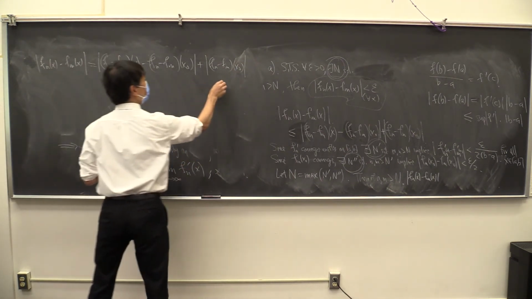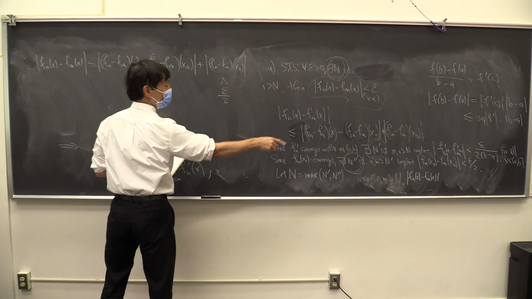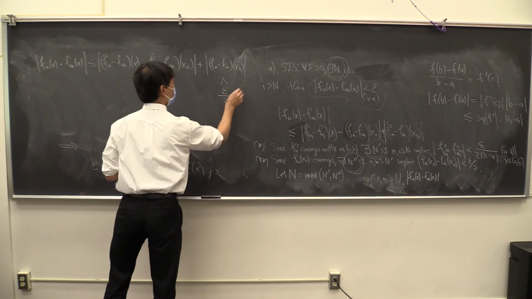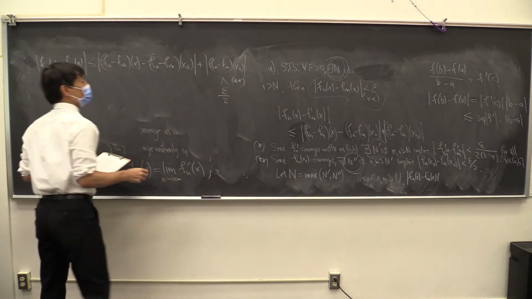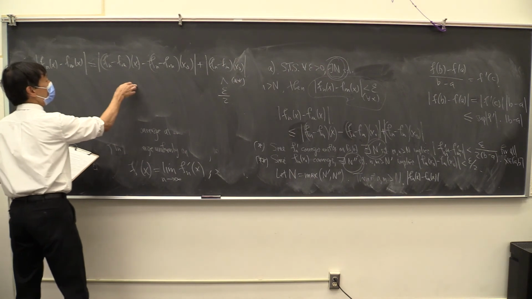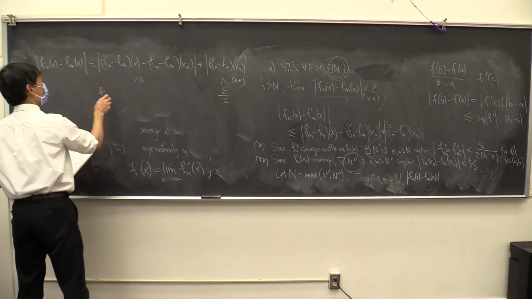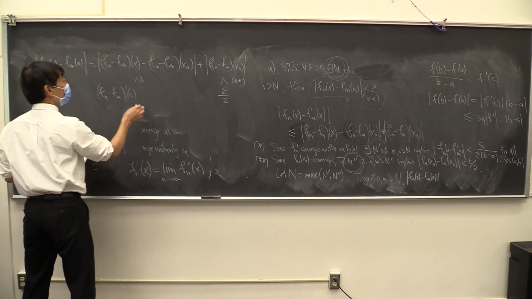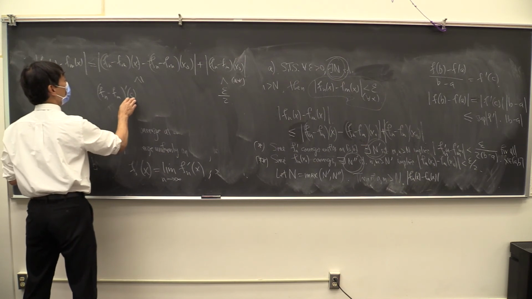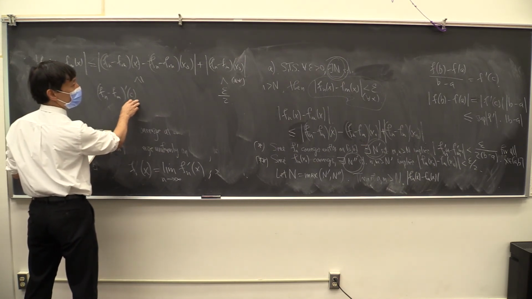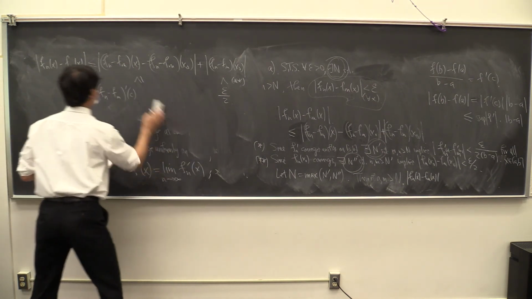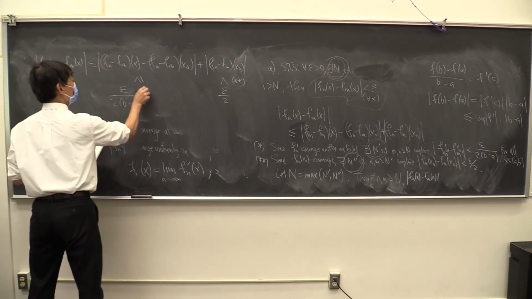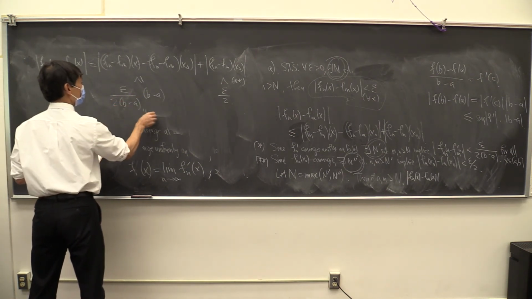But this thing is smaller than epsilon over 2 by the second starred statement, right? And then this other thing is less than or equal to, by the mean value theorem, epsilon over 2(b minus a) times (b minus a), which is epsilon over 2.